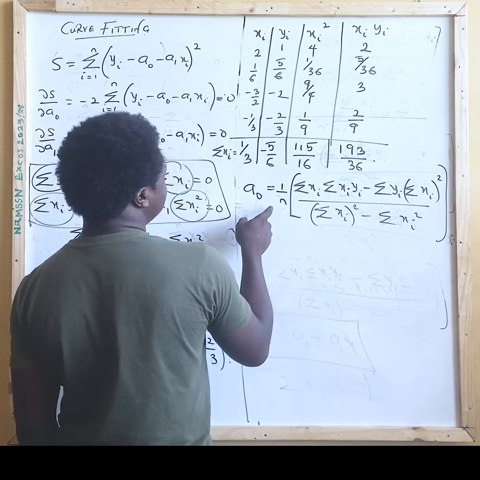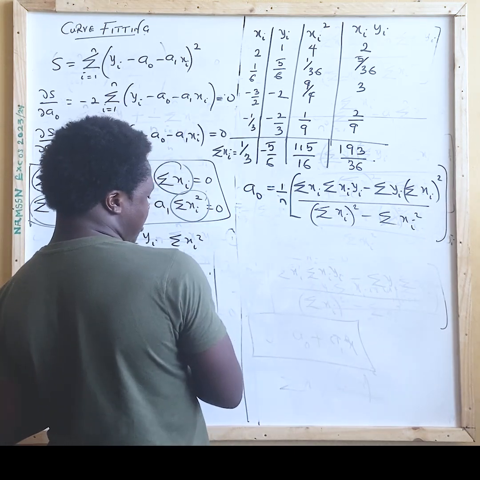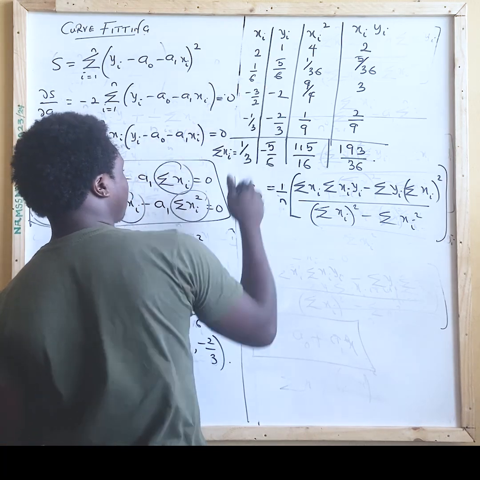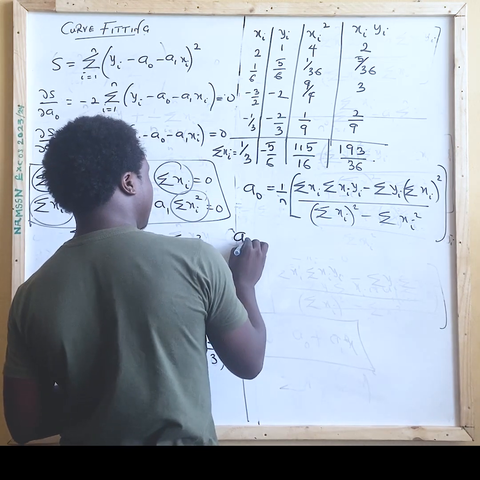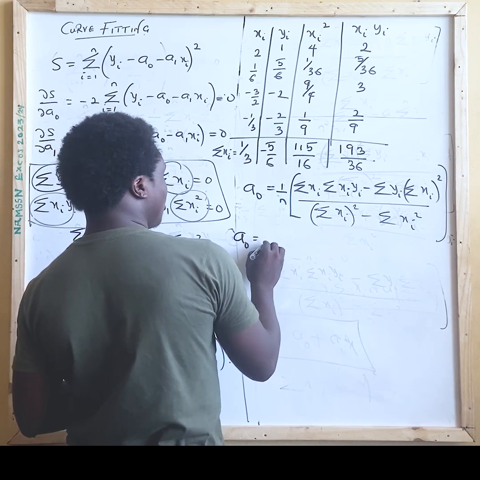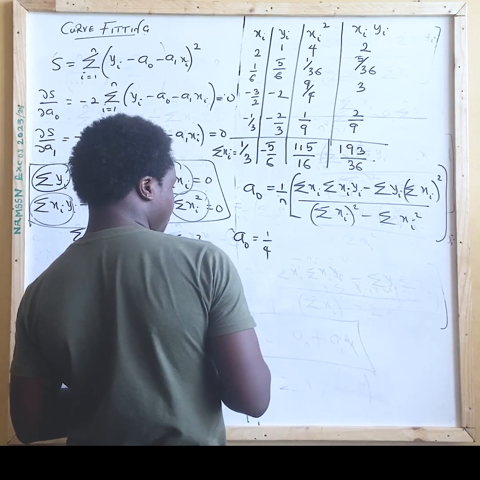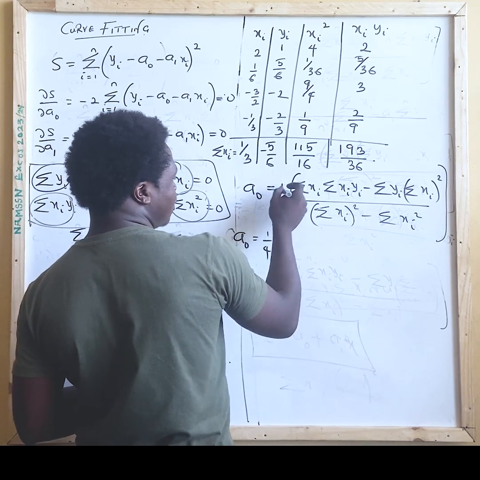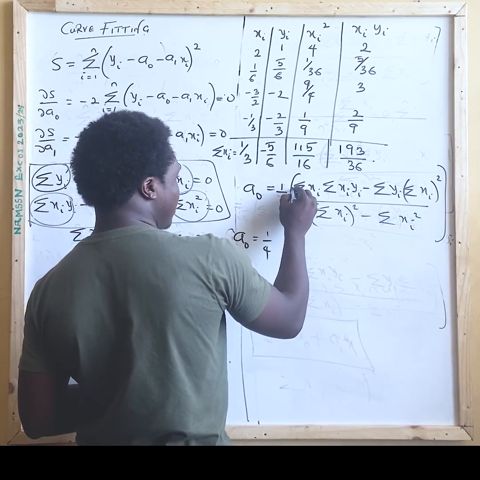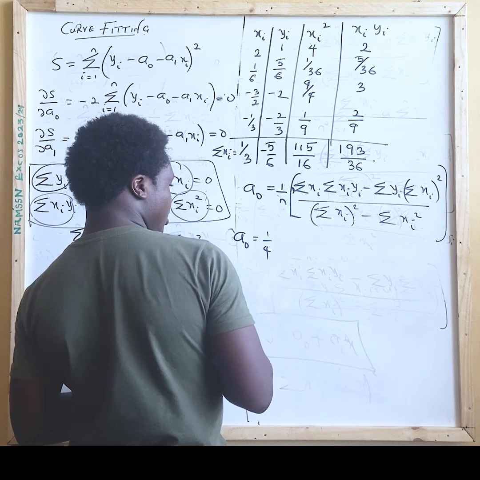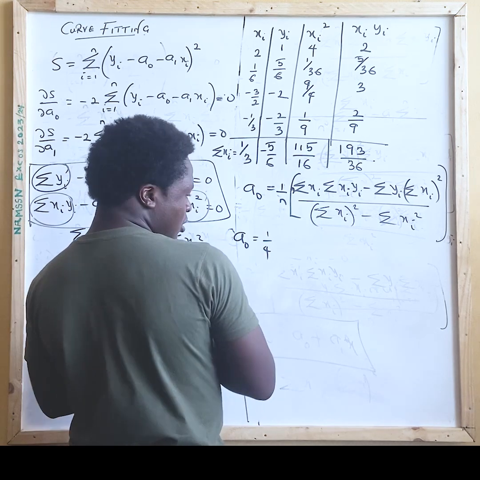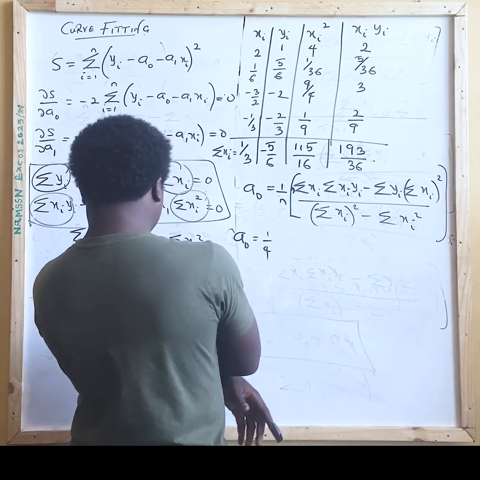Of course, our n is the number of i values here. So we have 1, 2, 3, 4. So our n is 4. So we get our a naught to be equal to 1 over 4. Actually, there's an n somewhere here. There should be an n here, and there should be an n somewhere else also.